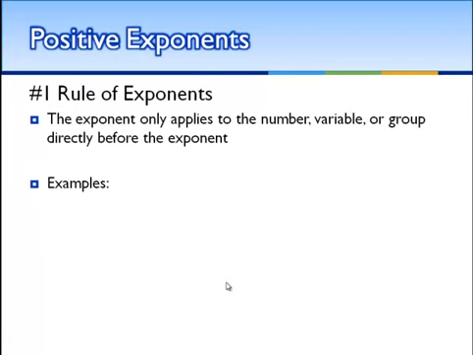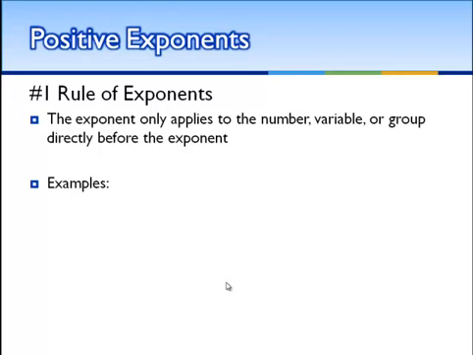Now, when you're working with exponents, there's one rule that's more important than any others, and so I call it the number one rule of exponents. That is that the exponent only applies to either the number or variable or at times a whole group that is directly before it. It does not apply to anything else on either side of it.